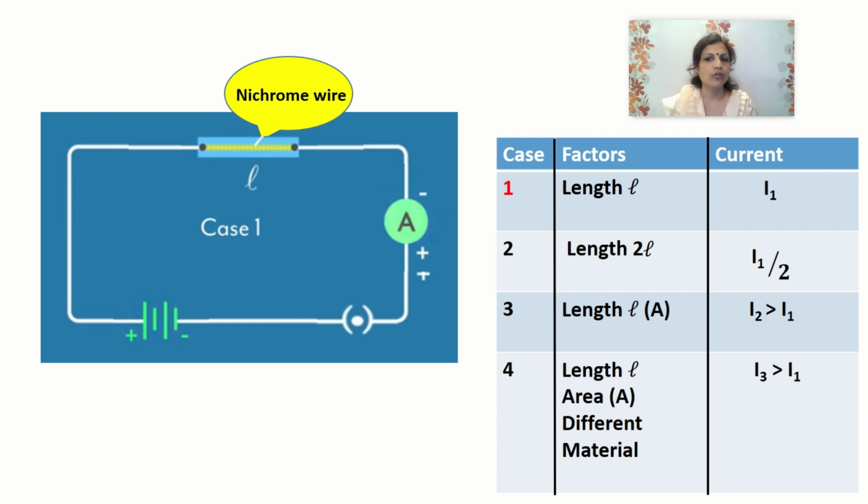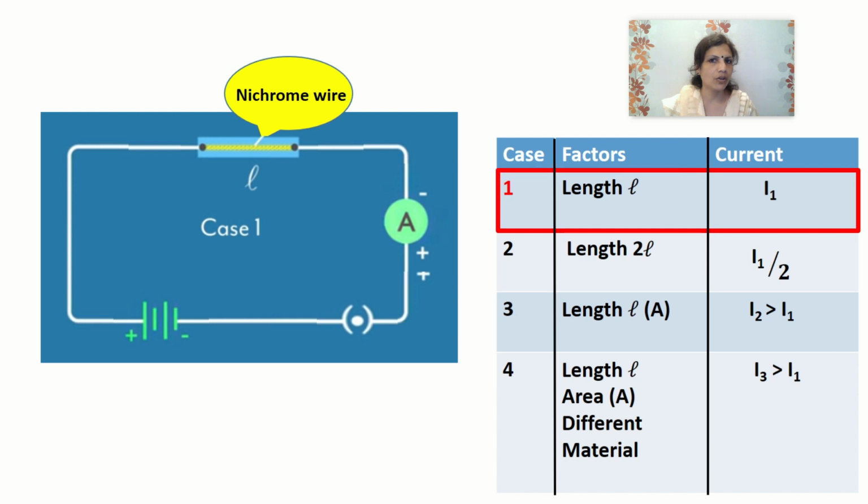What you have to observe is the reading of the current in the ammeter, which you will denote by I1. So we have taken a piece of nichrome wire of length L, and the current flowing in the circuit is I1.